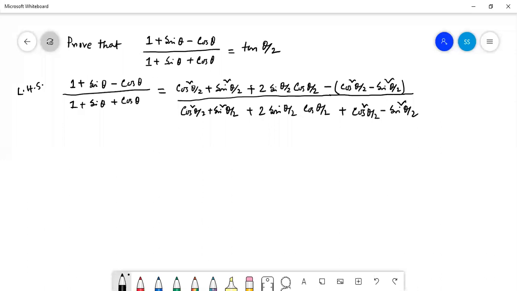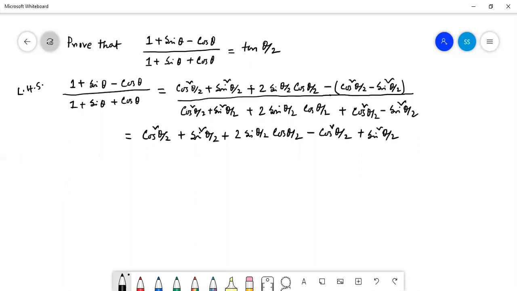Then the upper half is cos square theta by 2 plus sin square theta by 2 plus 2 sin theta by 2 cos theta by 2 minus cos square theta by 2 plus sin square theta by 2.